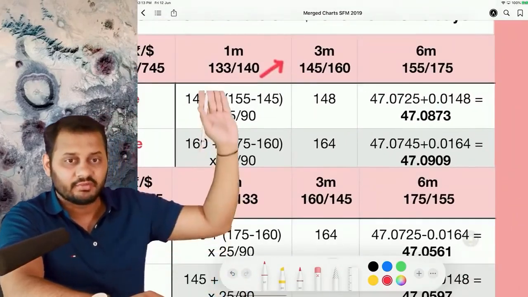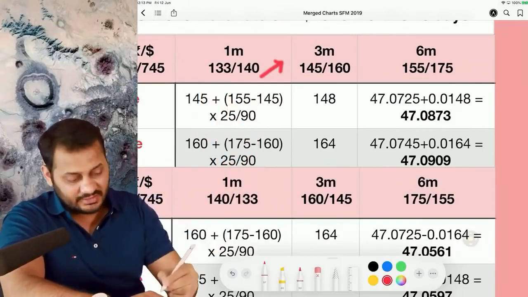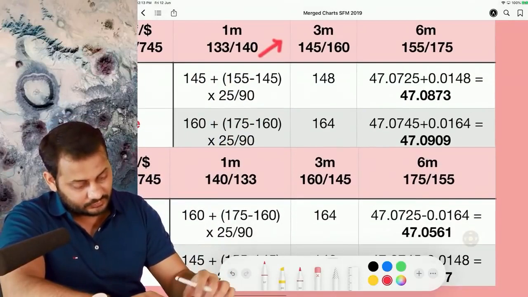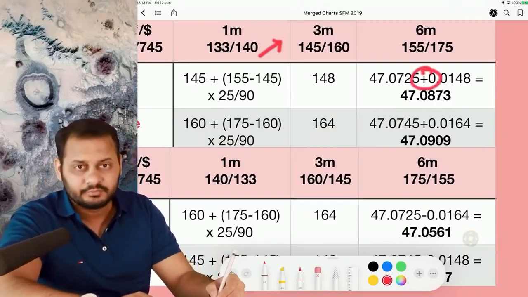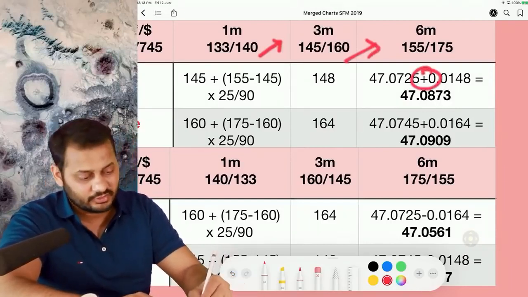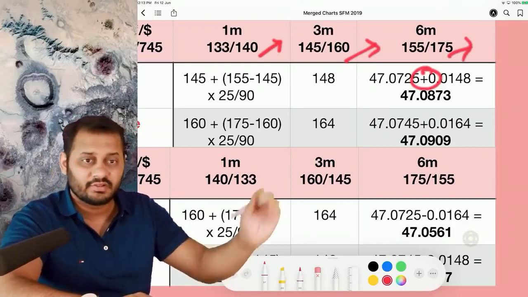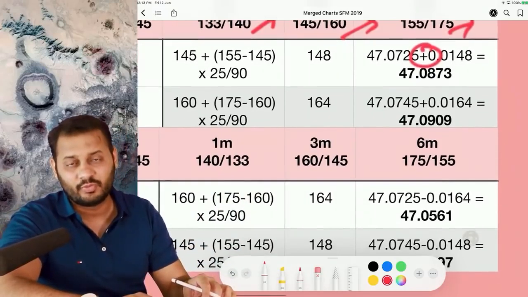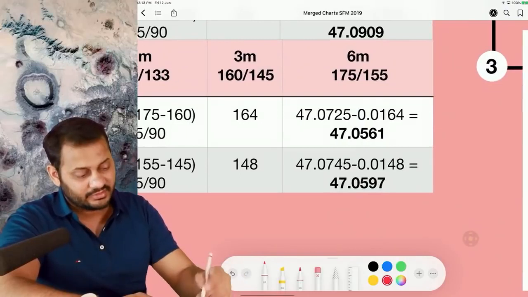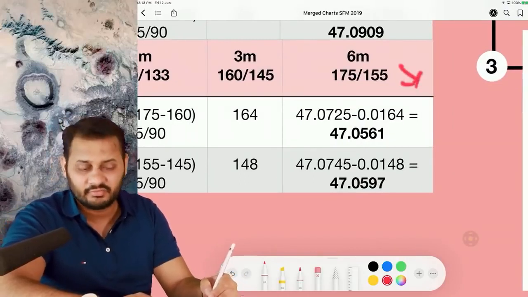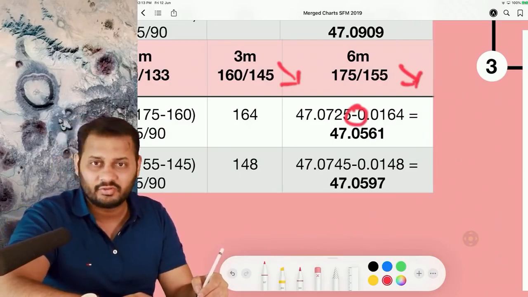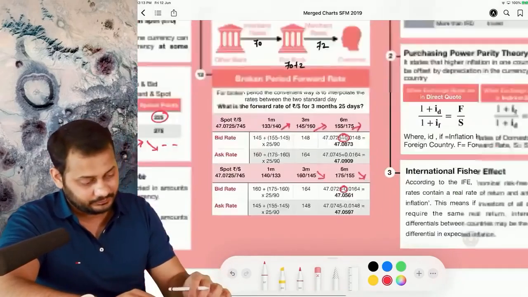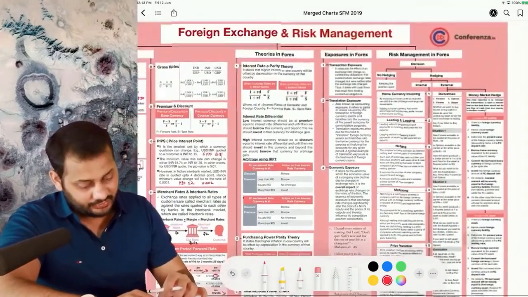See, 133, 140 is in ascending order. That's why we are going to add here. It is in ascending order. See, 145, 155. That's why we are adding those points to the spot rate. But if it is in descending order, 175, 155, 160, 145, we need to deduct in order to calculate the forward rate. That's it. So this was all about the basics.